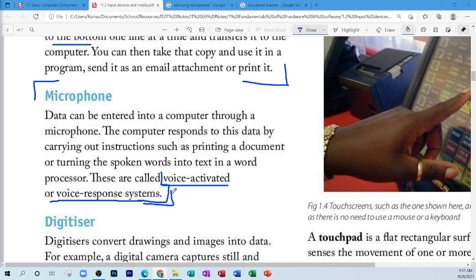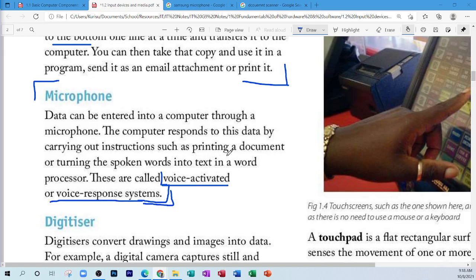So you could maybe tell your computer to print a document, tell your computer to turn on, turn off. Well, that's basically if it was set up for those responses. So you have to take note of those two terms.